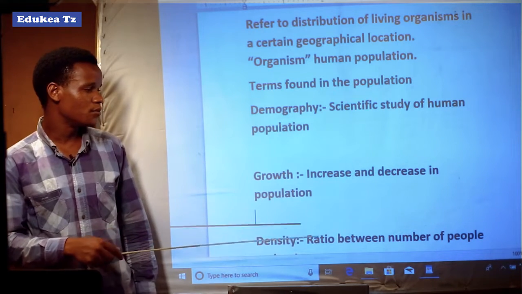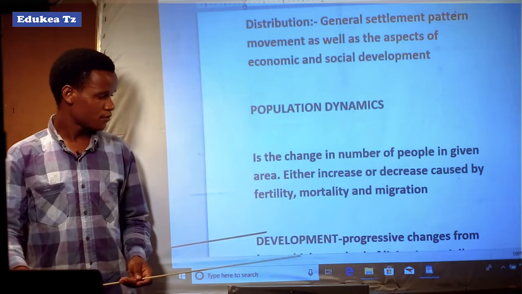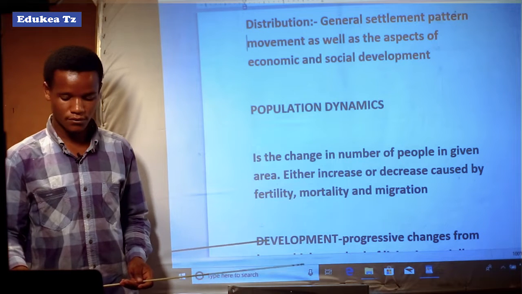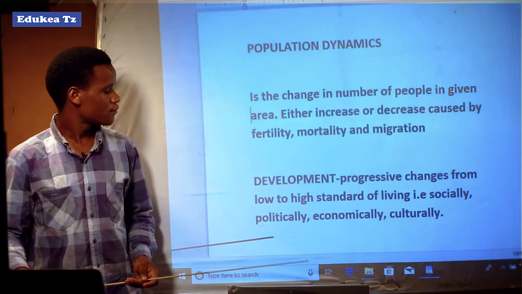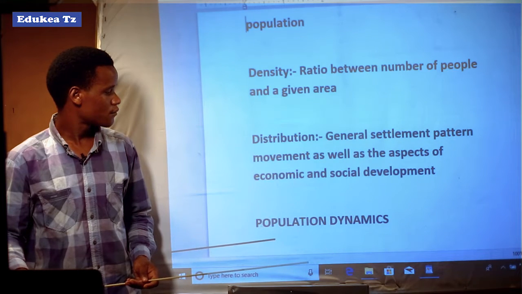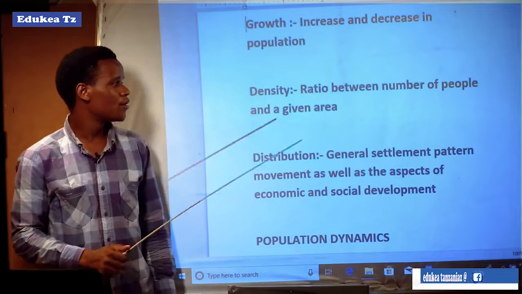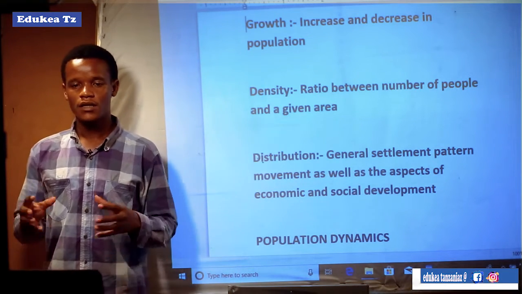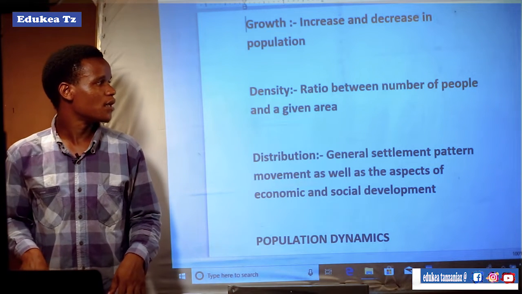Another point is density. Density refers to the ratio between the number of people and a given area. Here we are going to look at the relationship between the number of people and the given area.